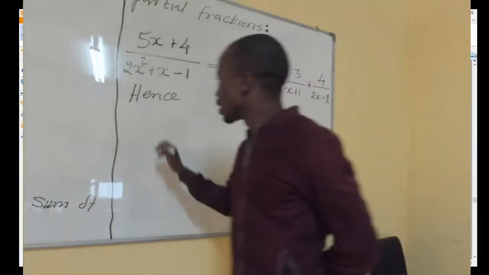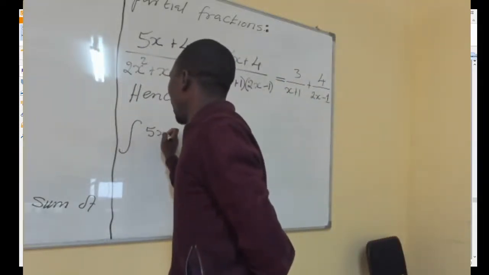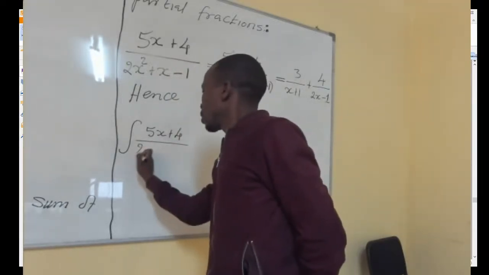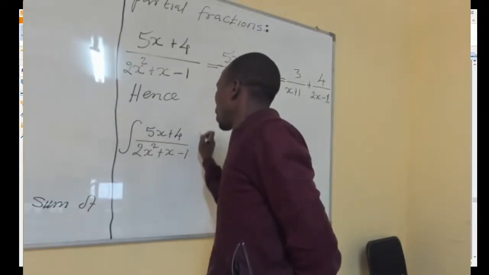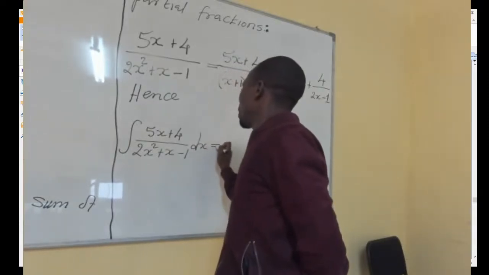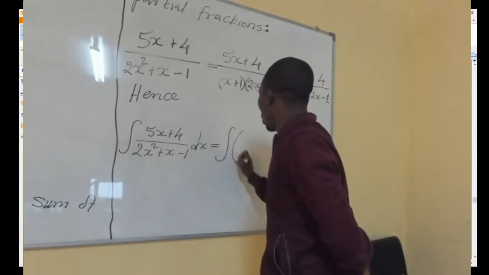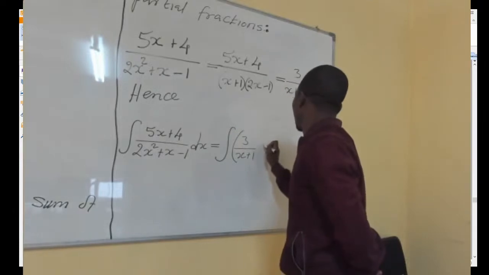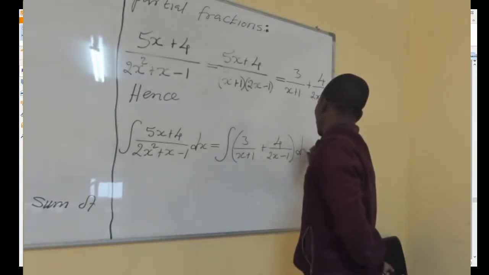Hence, now the integral of 5x plus 4 over 2x squared plus x minus 1 with respect to x is the same as the integral of 3 over x plus 1 plus 4 over 2x minus 1 with respect to x.